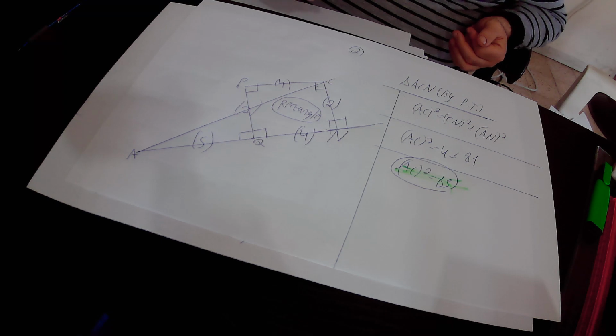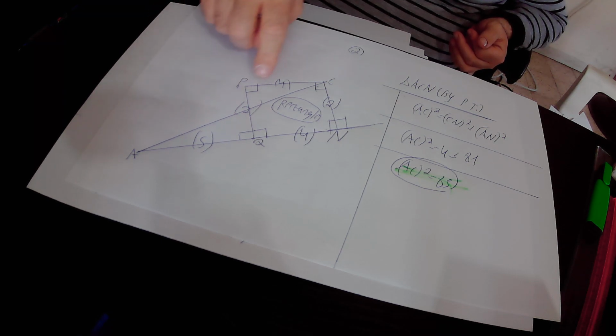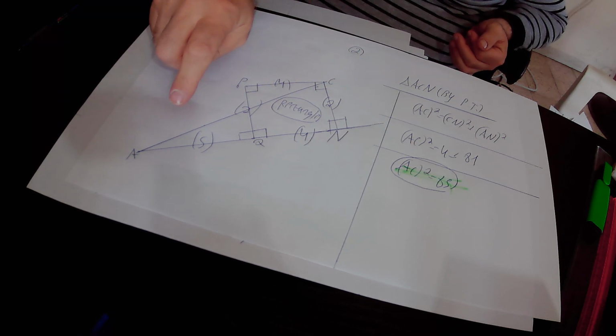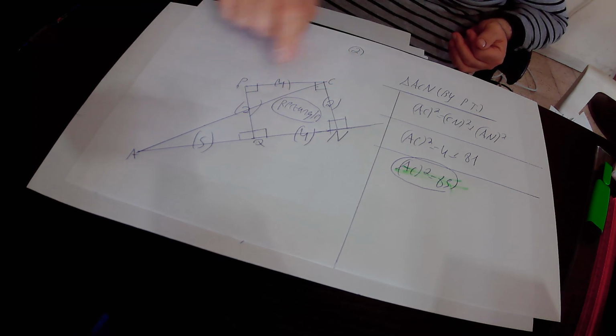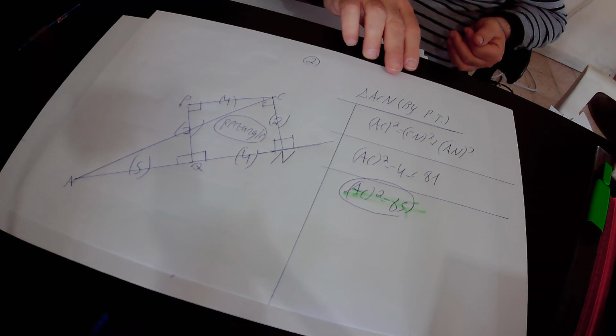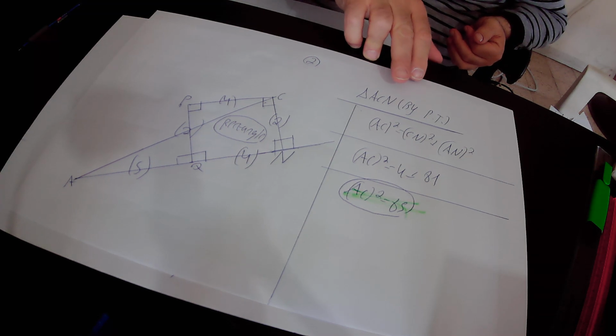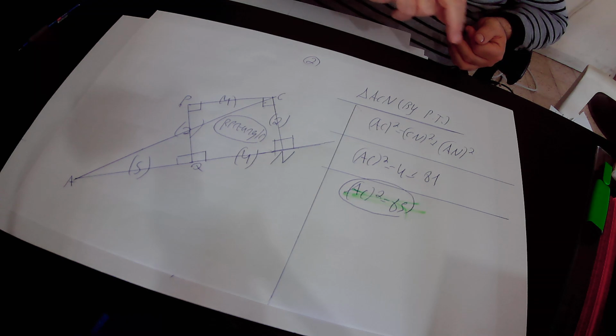So we can apply the Pythagoras theorem on this right triangle ACN. According to the Pythagoras theorem, AC squared equals CN squared plus AN squared.